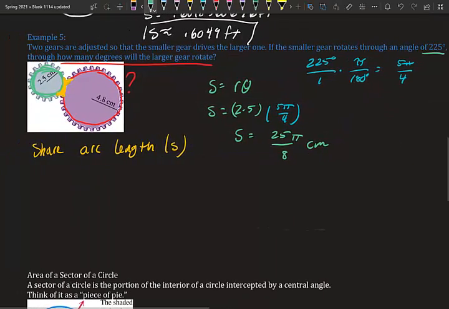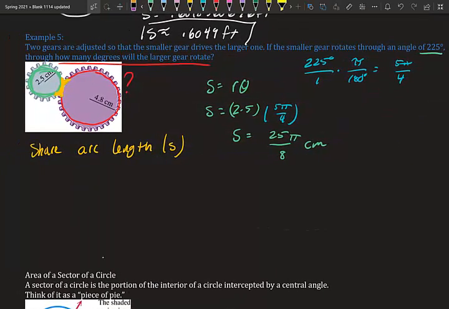Okay, so that's what we just found. We found the sector length. So that little portion right there represents 25 pi over 8. That's what they share. So what we're trying to find is the theta of the big gear. So we know we have the sector length. We have the radius of the big one.